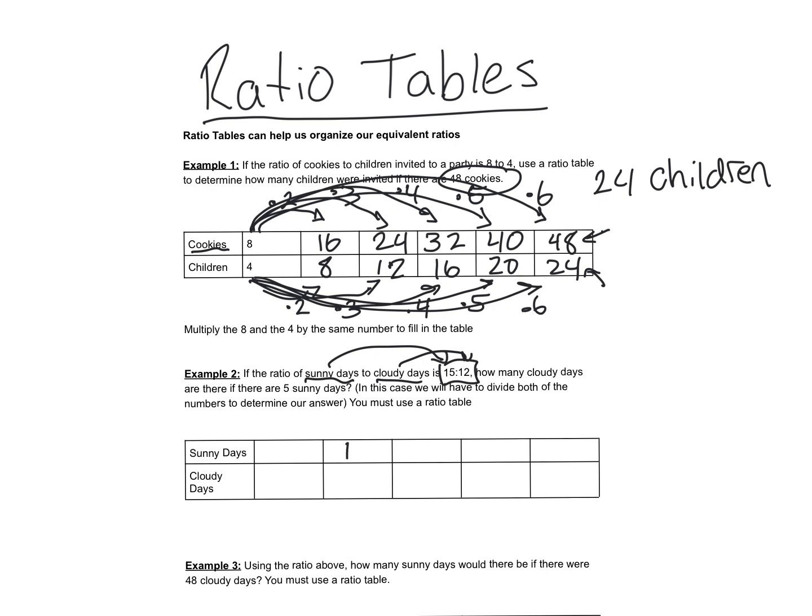Now, I'm actually going to need to divide my ratio to get down to 5 days. So I'm going to put my 15 and my 12 here so that I have room to divide down. I put the 15 on the top and 12 on the bottom because that's how my ratio is written. And now I'm going to divide both of these by 3.